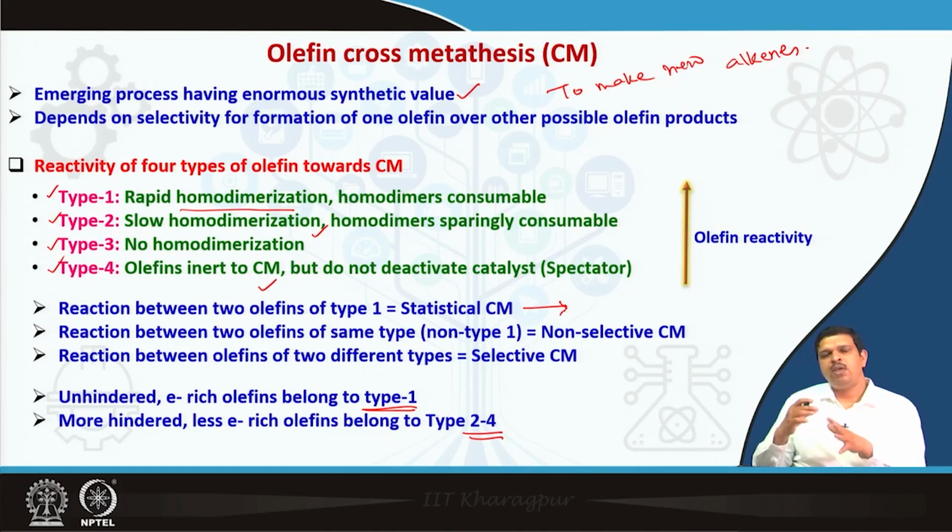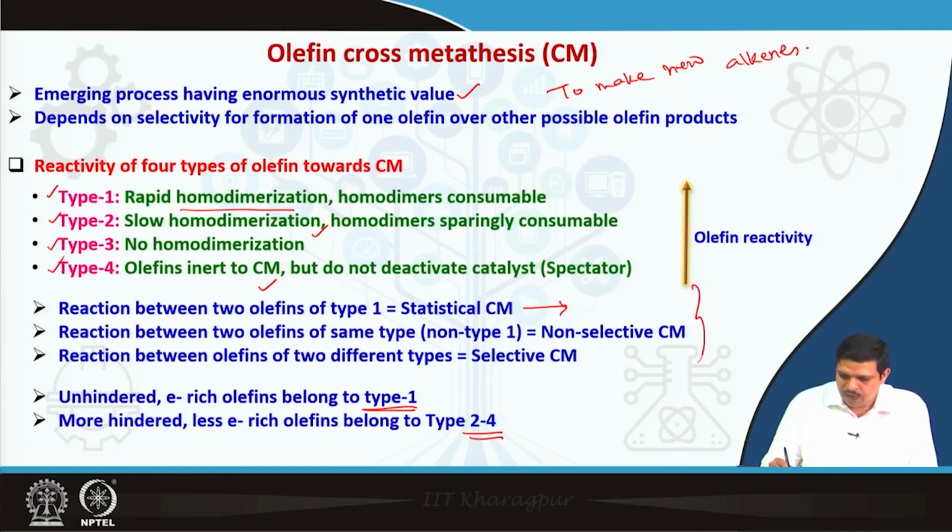That means if there is enough difference in the reactivity of the two alkenes, then I can say that yes, I will get this product in a major amount. This is a very useful guideline to judge what product I will get, or what alkenes I will take.